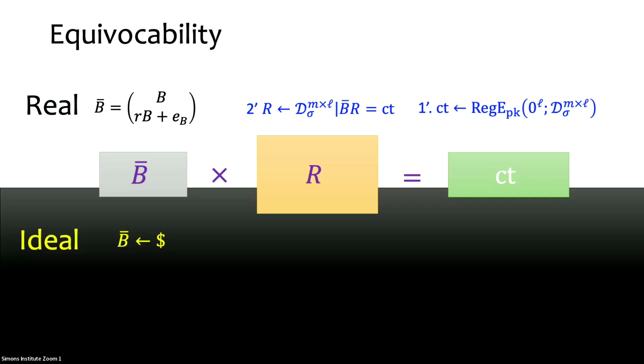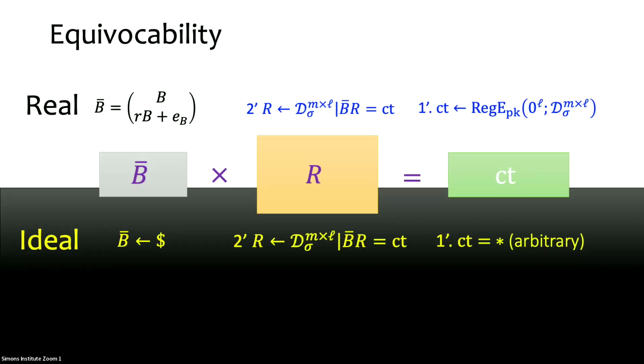In the ideal world, the public key B bar becomes truly random. In this case, no matter what the ciphertext matrix is, there no longer exists the notion of something being a good encryption of 0. But no matter what the ciphertext matrix is, this distribution of a random Gaussian R that satisfies the constraint B bar R equals the ciphertext is always well defined.